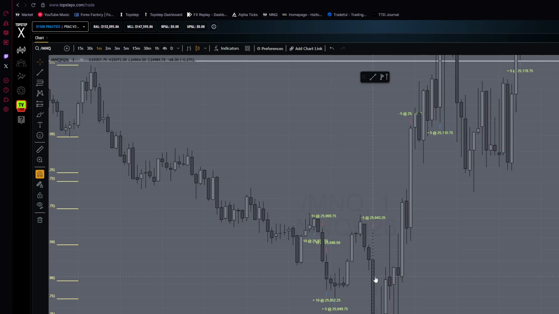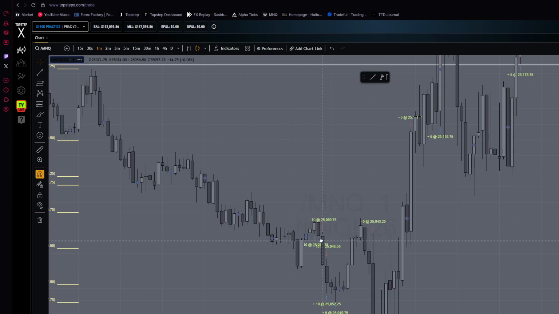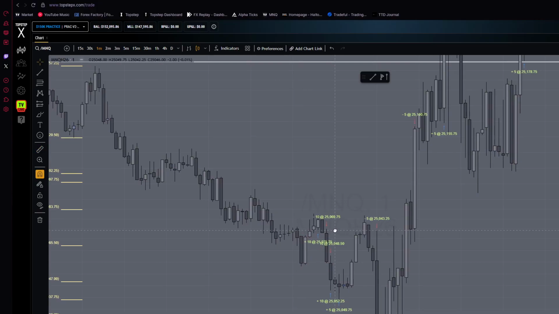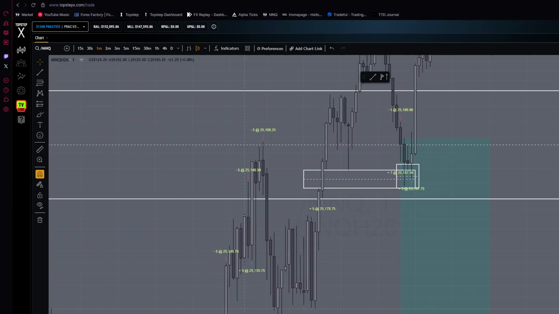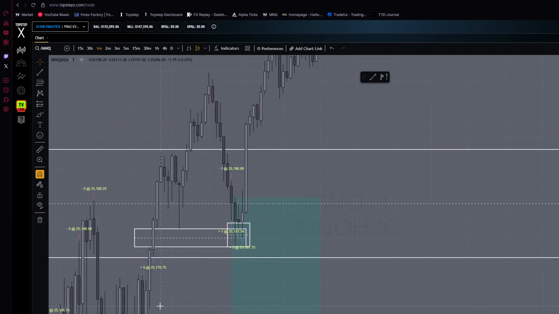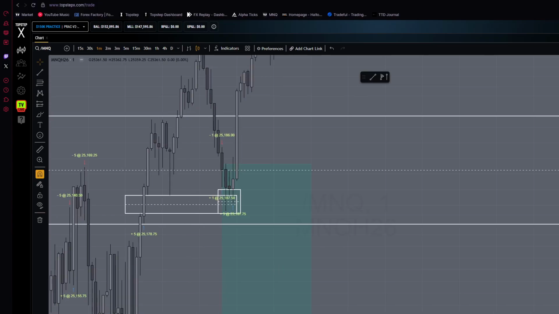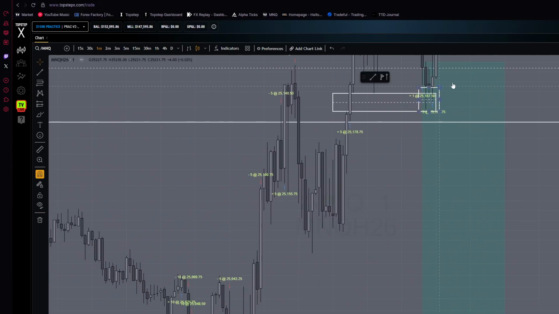Scalped out for 5 points, and then here I guess I longed off a change in state, and then I just got stopped out right away, I think, for like 12 points. So that's it. So 2 losses, right? This loss and this loss. And then one take profit and break even, and then 1 win. So 3 wins, I guess you could say. But that's it.